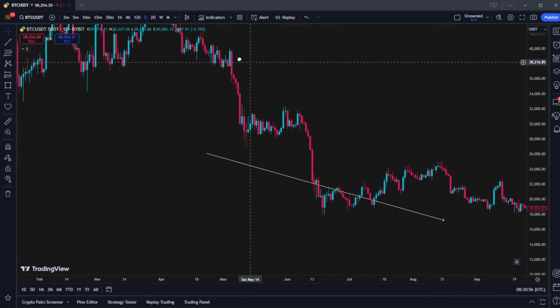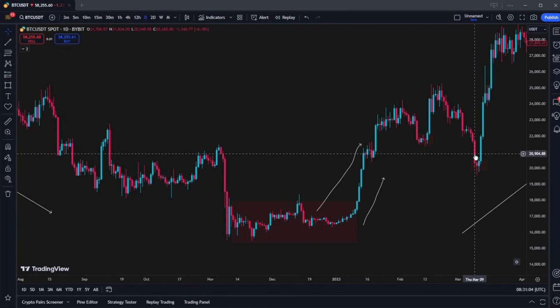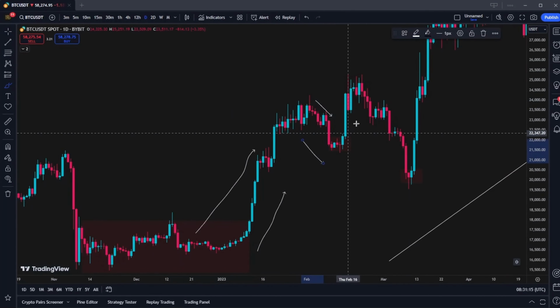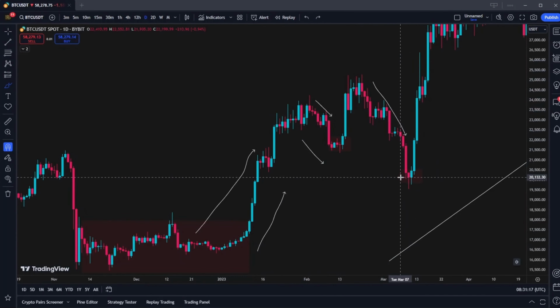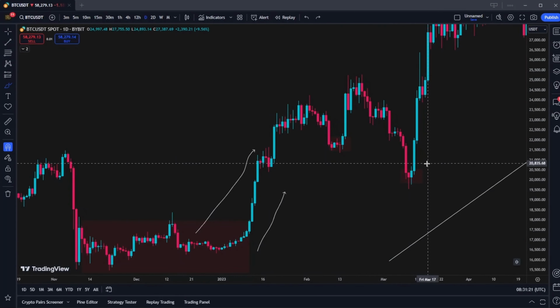Now, how do we identify these phases? So for a reaccumulation phase, we need to look for a new buildup of liquidity and order blocks forming after a downtrend, indicating potential for a move up. So you can see here we had the initial move up, and then we get these small little downtrends in the market. These will usually allow for smart money to accumulate at the bottom of these downtrends before we head up higher.